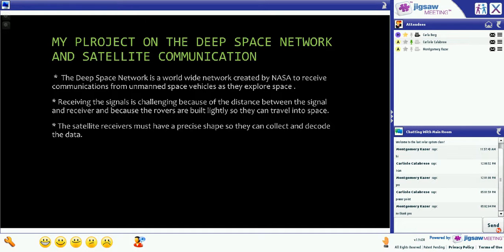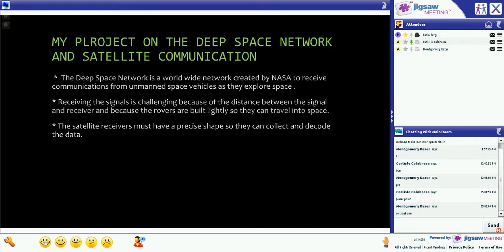The network works well, and because of the DSN, lots of data has been received about our solar system. However, there are some challenges in regards to receiving the data. The two main challenges are distance and power. Distance is a challenge because of the vast distance between the unmanned space vehicles and the receiver dishes of the DSN. It's hard to receive the signal.